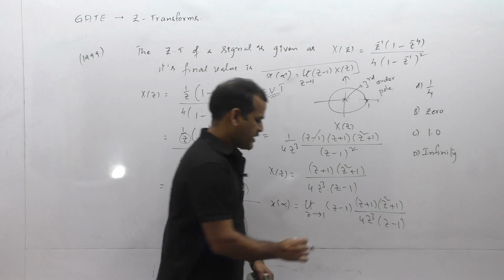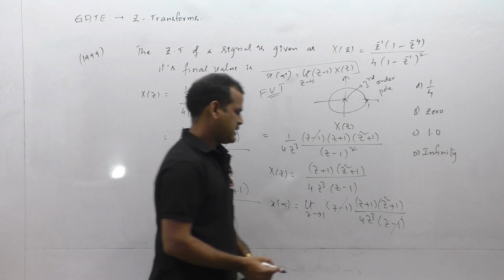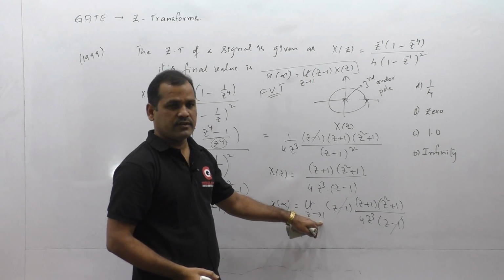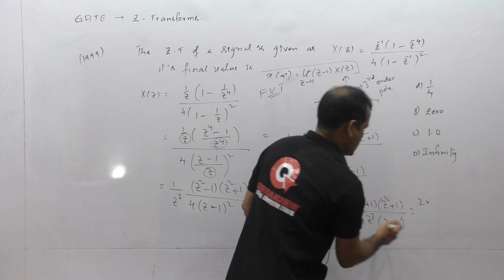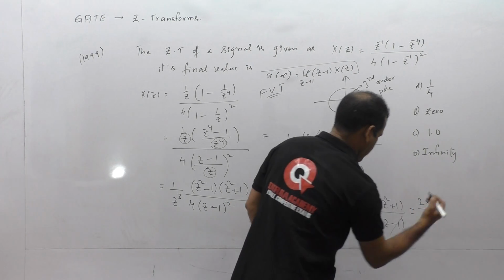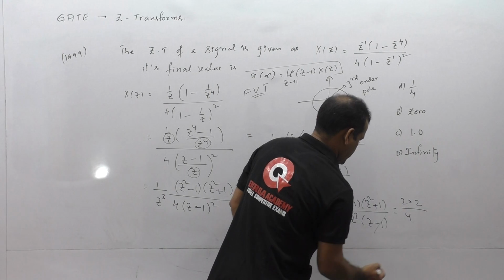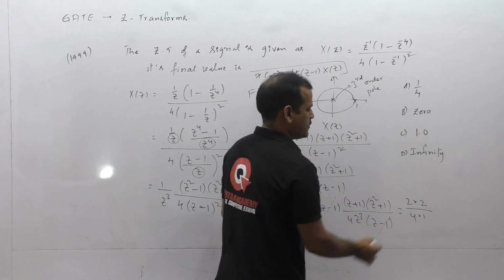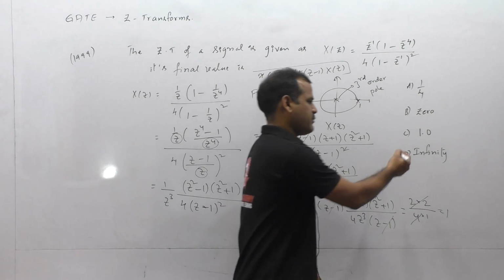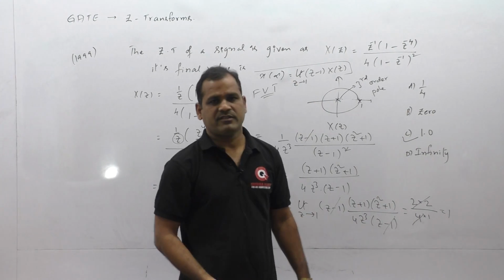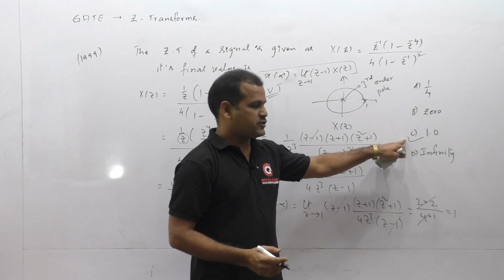We can cancel z − 1 here, and then putting z = 1, this expression gives (1 + 1)(1 + 1) divided by 4 into 1, so that this is equal to 1. So the right option is here. The final value of x is equal to 1. So the right option is C.